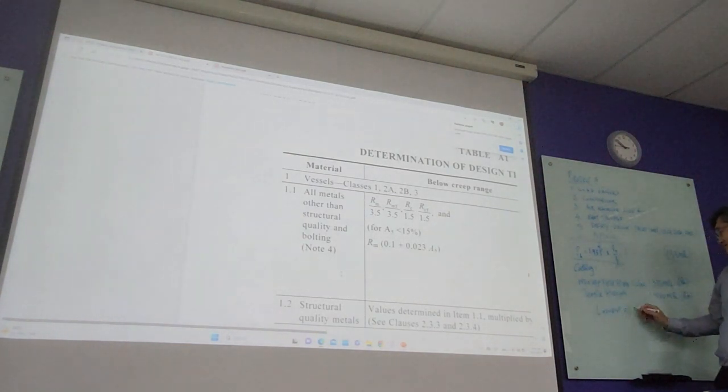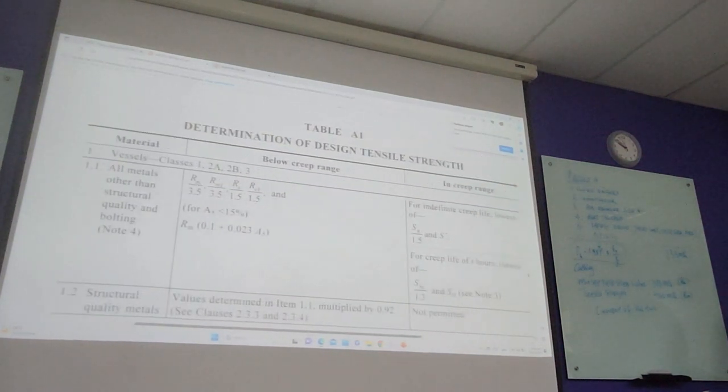What's the value? Which one is the lowest? Rm over 3.5, right?